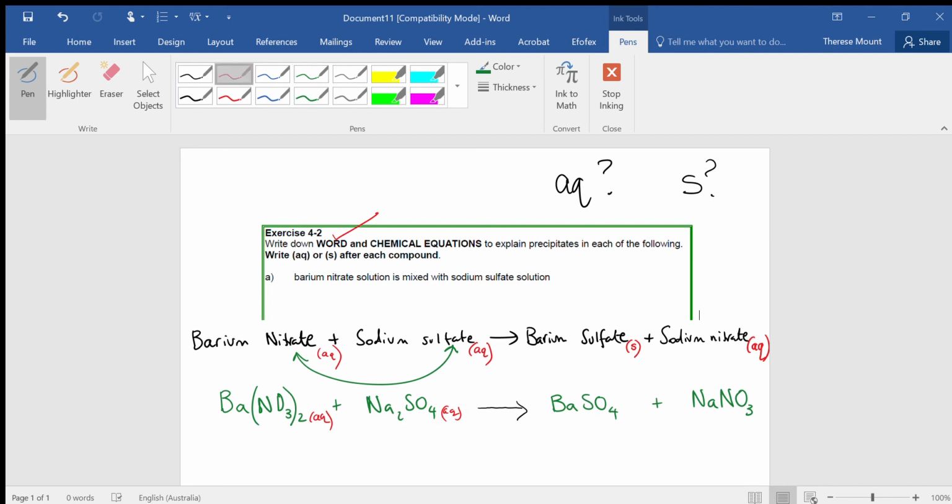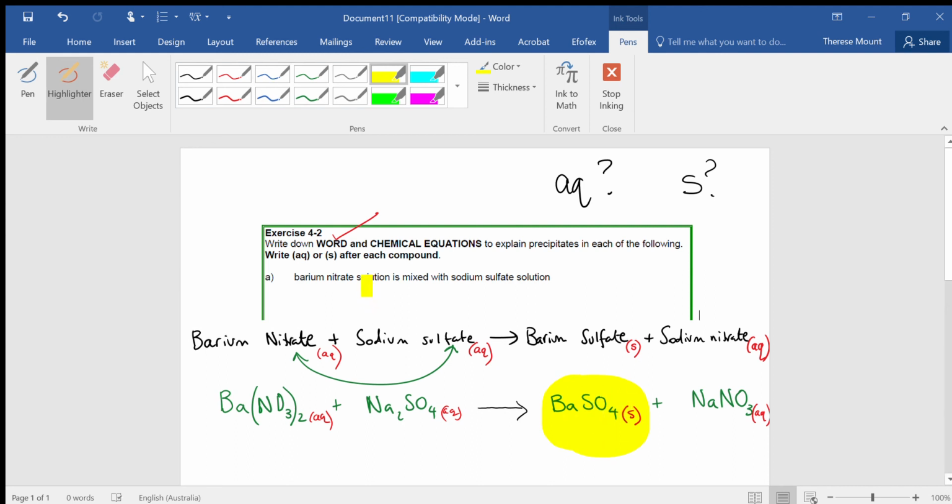And we've already found out that my barium sulfate forms a precipitate, so it's a solid there, and that my sodium nitrate is aqueous, that it dissolves in water. So this is my precipitate in my solution. If I mix those two beakers together, I get a solid being formed, and that's what it is there.